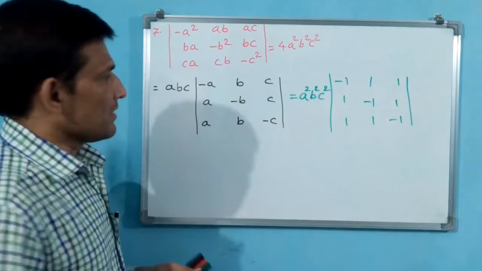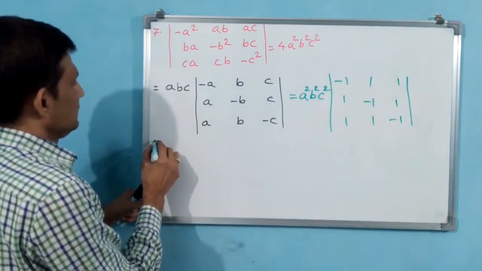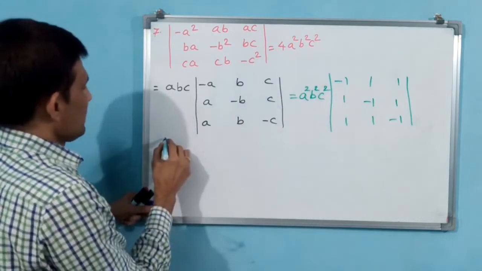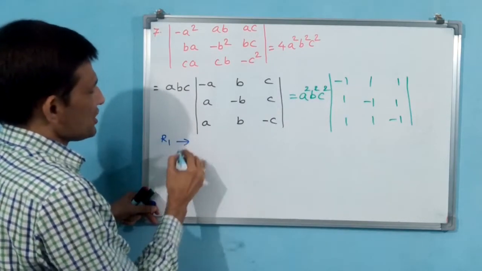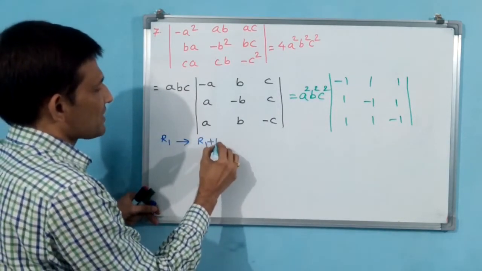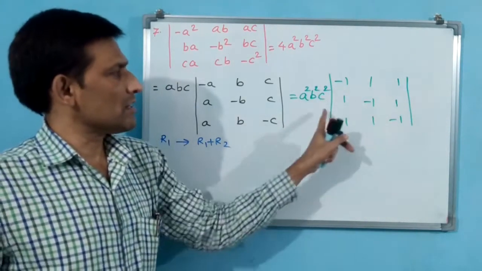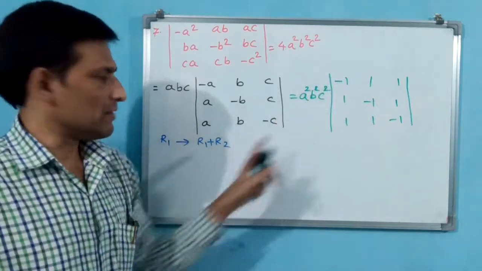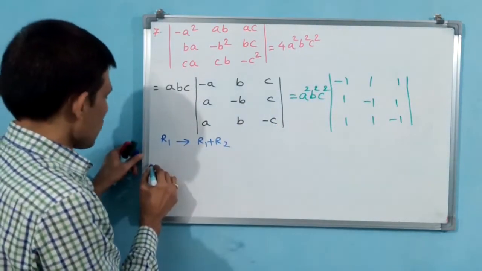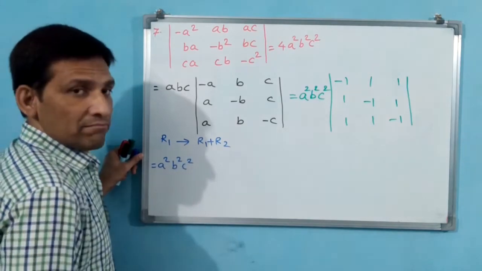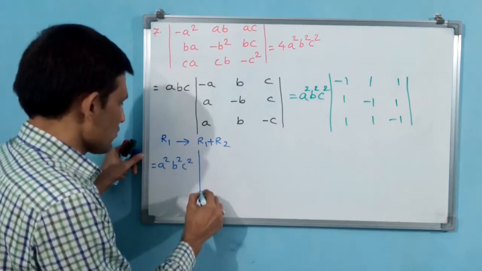See what I am writing. R1 is changing. What is the change? R1 plus R2. R1 and R2 we are adding and writing in R1. See, outside a square, b square, c square is there, and that is not going to change.